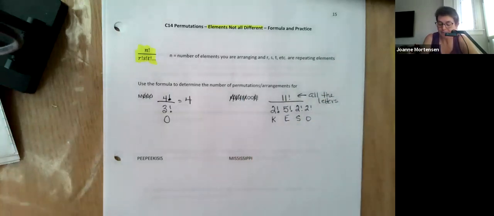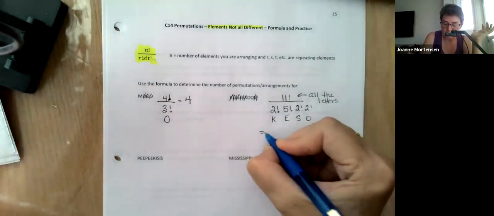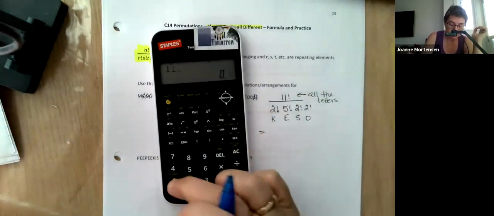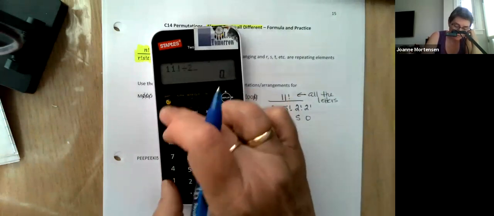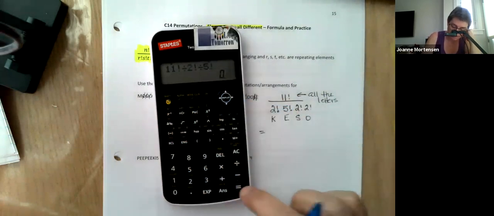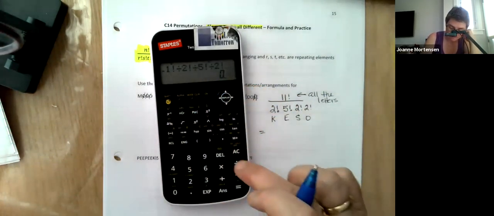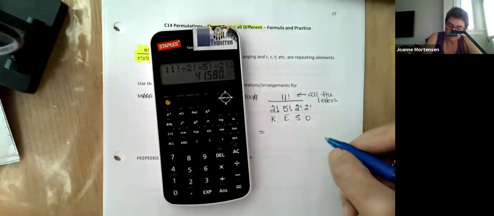All right. Now, I used to make this really complicated until my students pointed out, don't overthink this. All you do is 11 factorial divided by 2 factorial, divided by 5 factorial, divided by 2 factorial, divided by 2 factorial.